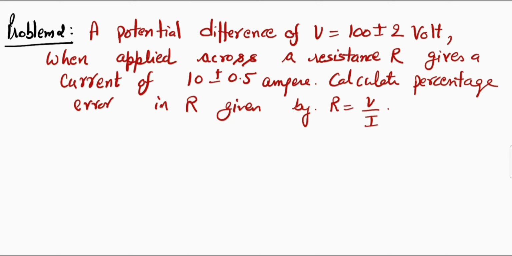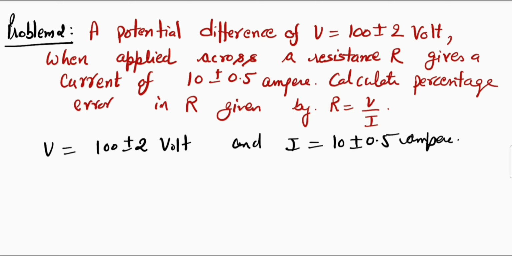The second problem: a potential difference of V is equal to 100 plus minus 2 volt when applied across a resistance R gives a current of 10 plus minus 0.5 ampere. Calculate the percentage error in R, given by R is equal to V upon I. This is the formula for the resistance when voltage and current are known.